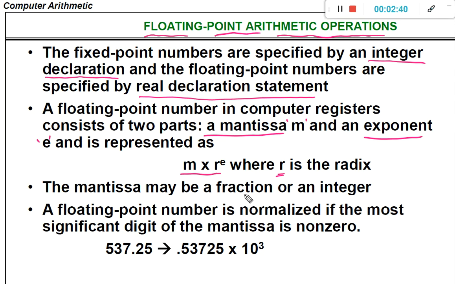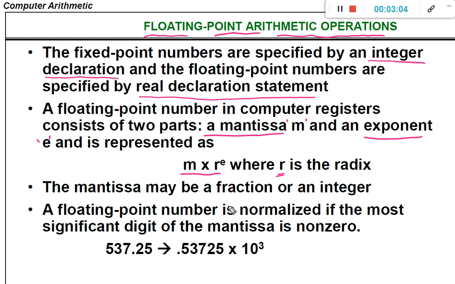A floating point number should be normalized before performing any arithmetic operations, because if the point is floating in between, it will be a problem. We cannot perform the arithmetic operations properly. That is why normalization is needed.